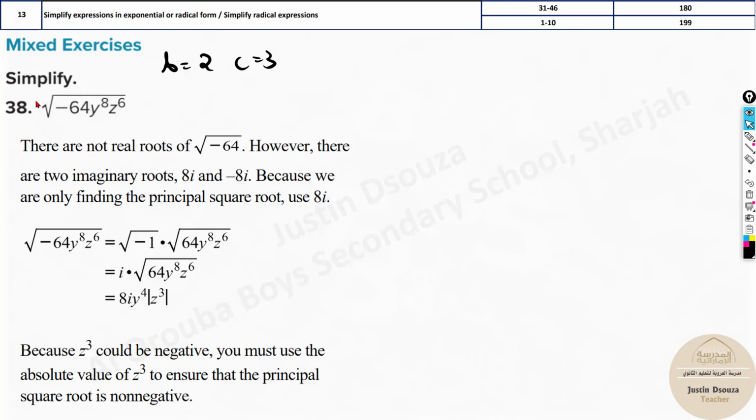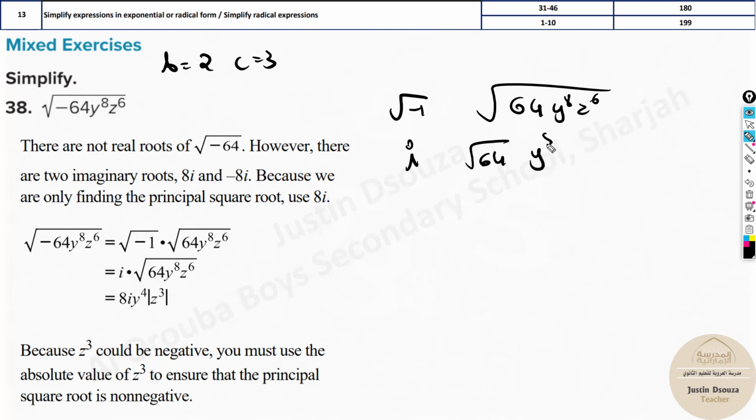That is fine. Just take out that root of -1. See what happens is, here you are splitting this by root of -1 and then entirely 64 y to the power 8 z to the power 6. This is power 2, so square root means 2. Root of -1 is i. Now you should take square root of 64, y 8 by 2, z 6 by 2, and now simplify it.